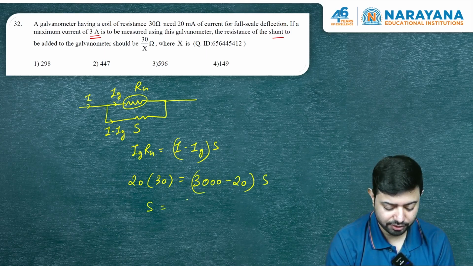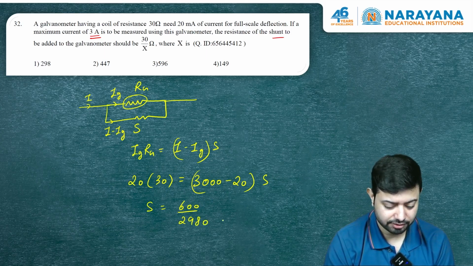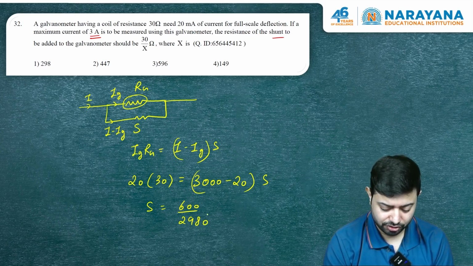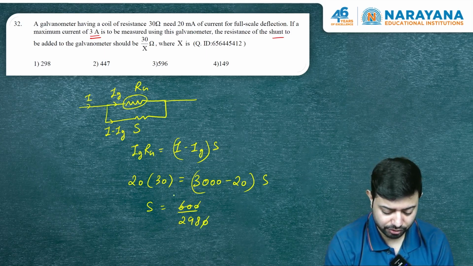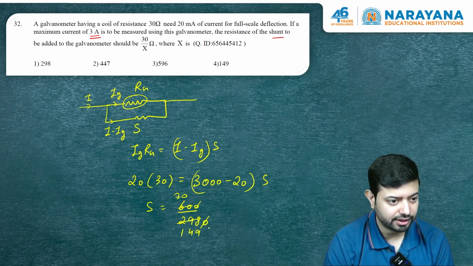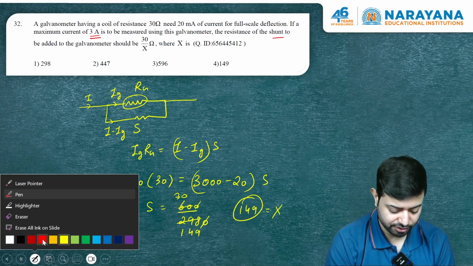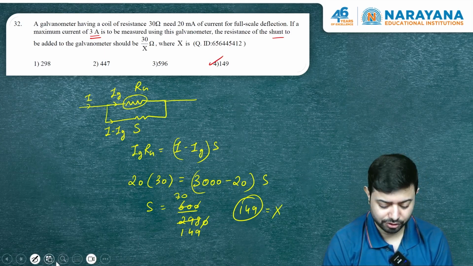So, what is the S value? 600 by 3000 minus 20, it is like 600 by 2980, right, something like this, correct. So, now zeros cancelled and you have 2 into 30 over 2 into 149. So, it is something like 30 upon 149. So, what is the answer? 30 by 149. This is the value of S. So, which option is matching? It is the fourth option.